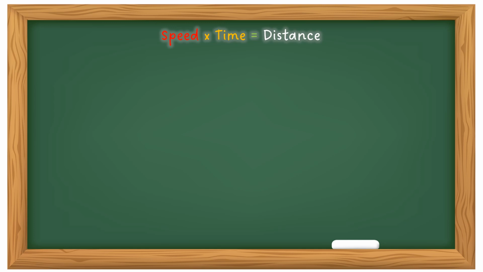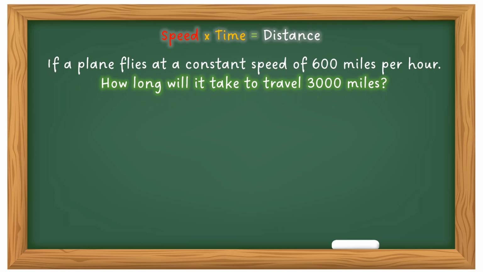Now let's look at time, and you'll see how the formula works again. If a plane flies at a constant speed of 600 miles per hour, how long will it take to travel 3,000 miles? Again, just recreate the formula: S times T equals D. Use the numbers from the question to fill in the slots where they fit.